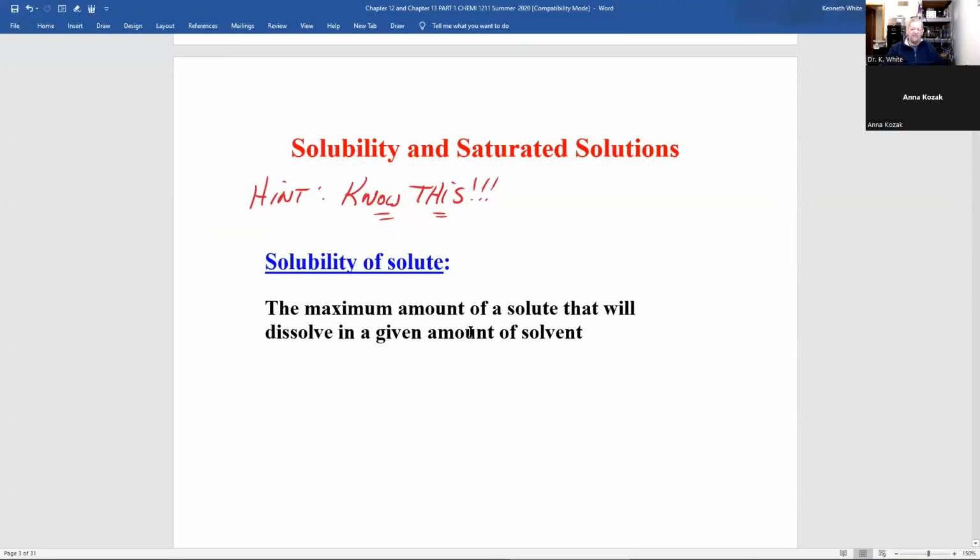And you should remember that's the maximum amount. If you're adding a solid to a liquid like water and you've reached the solubility of that solute, nothing more will dissolve. So that will just float to the bottom as what we call precipitate. There'll be a solid at the bottom.